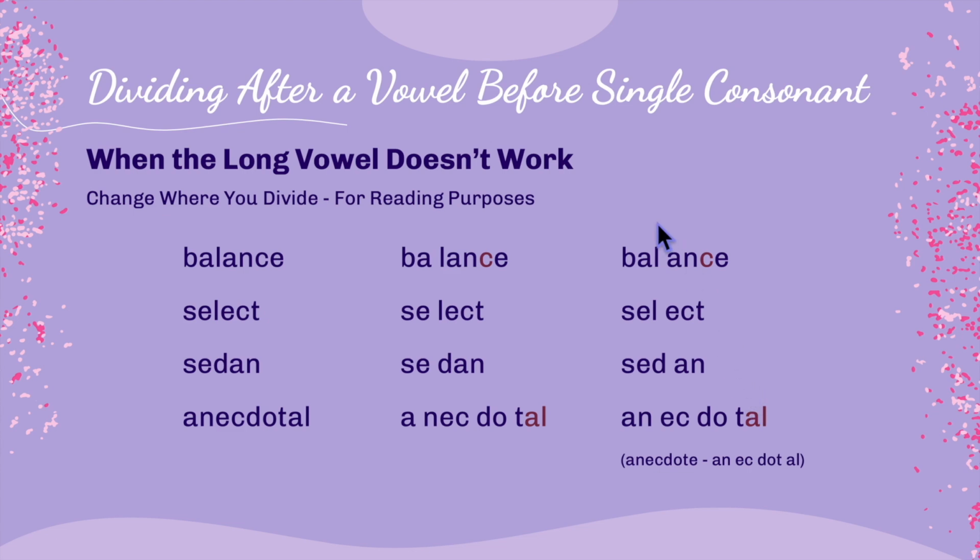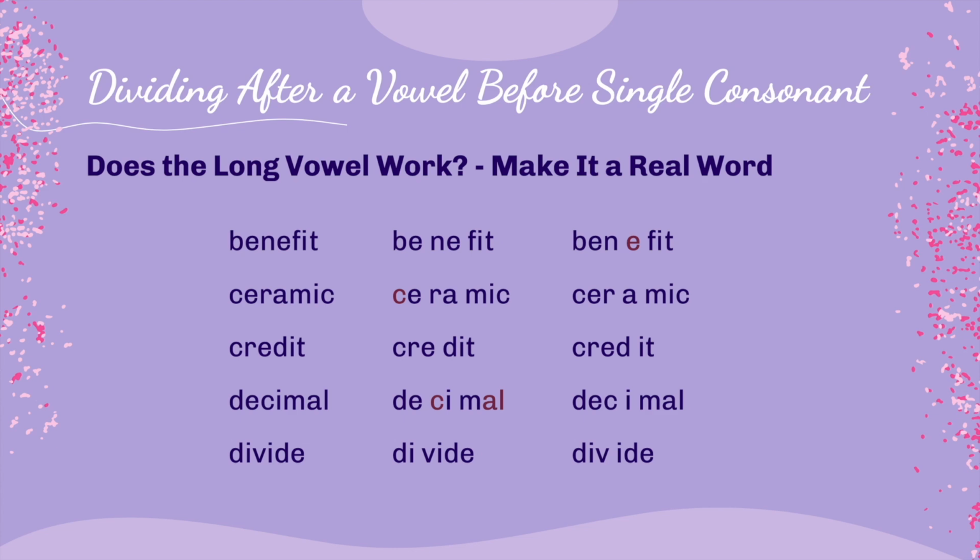In fact, all of the rules in this program are for reading. The dictionary may divide them differently because the dictionary divides the words based on suffixes, prefixes, and how the root is actually pronounced. I want you to try these words now.